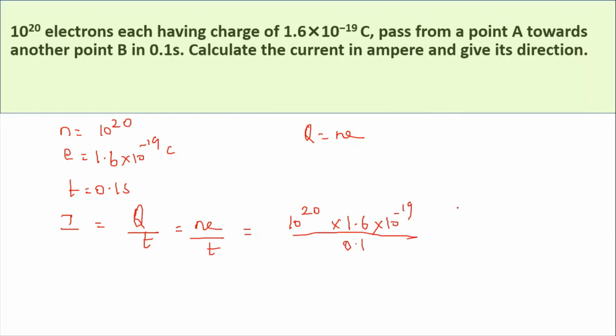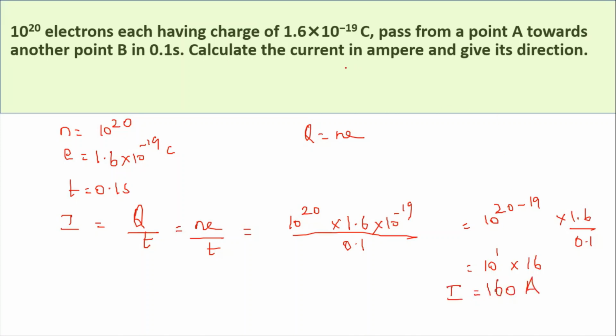Now 10 power 20 into 10 power minus 19, into 1.6 by 0.1. The decimal places can be removed because there is one decimal place in the numerator and the denominator. So this becomes 10 power 1 into 1.6 divided by 0.1, which is 16. So 16 into 10 is 160 ampere. This is the current.